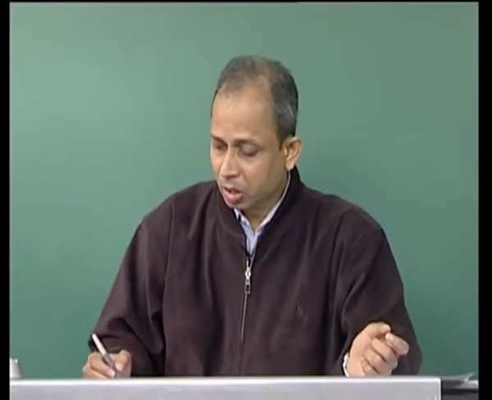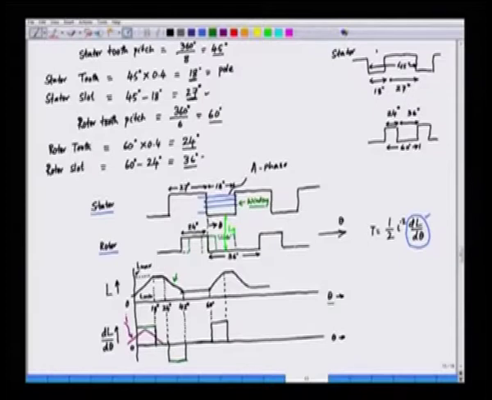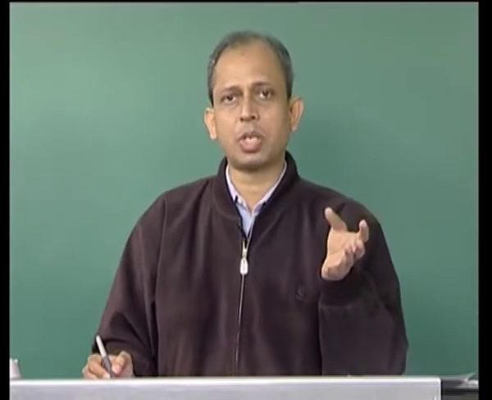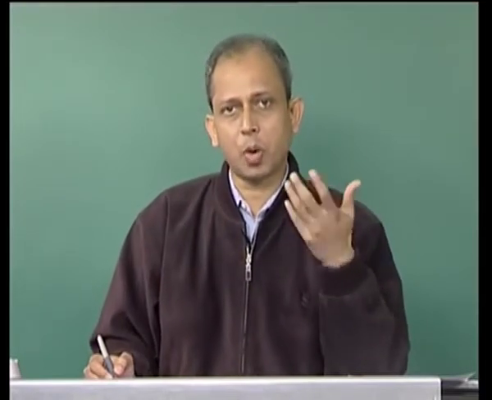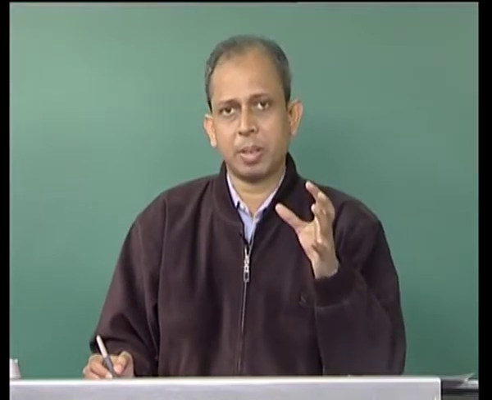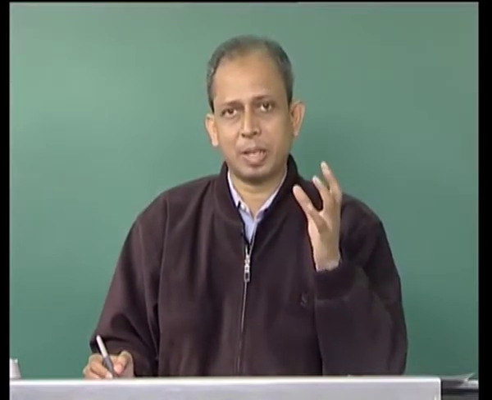Again, the expression for the torque is half I square dL by d theta, and hence for positive torque, I square is always positive irrespective of whether I is positive or negative. So, if we want positive torque, I should be concentrated during the positive dL by d theta.